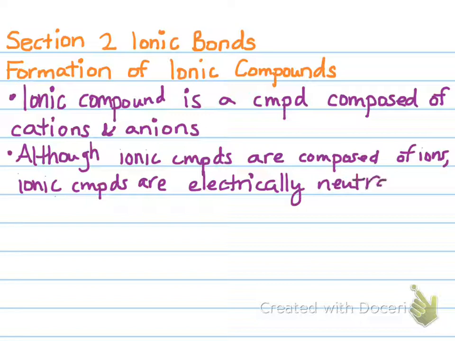That has a lot to do with the ratio in which the cations and the anions combine. They're always going to combine so that overall the compound doesn't have a charge, so that it is electrically neutral.